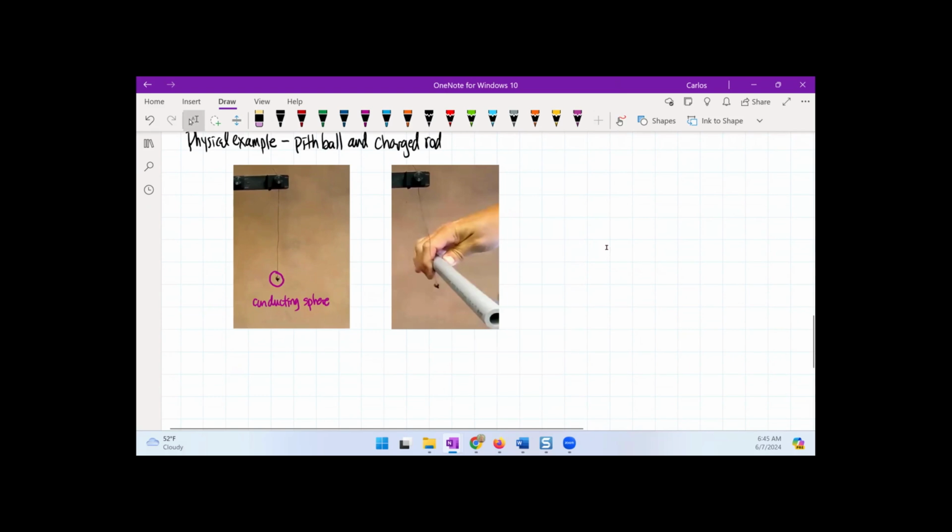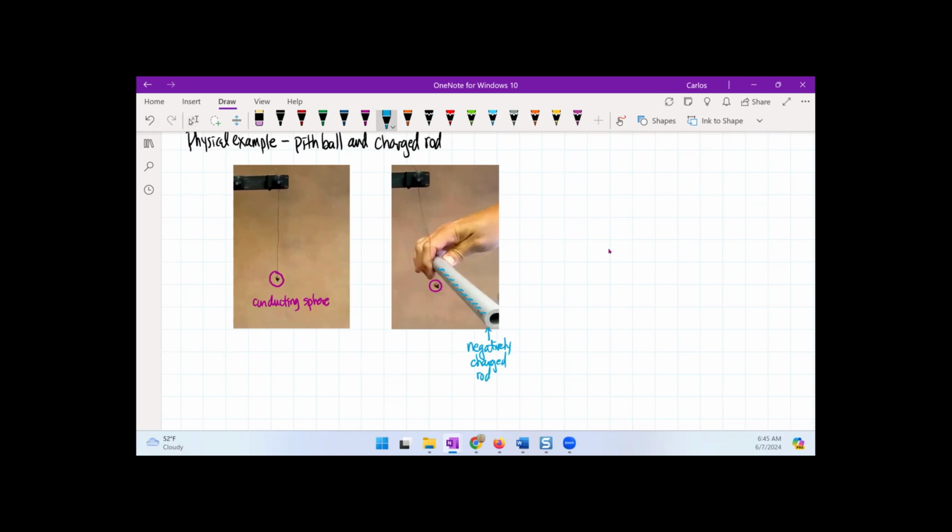So here is the pith ball, and right here, this is a negatively charged rod. So what happens here?